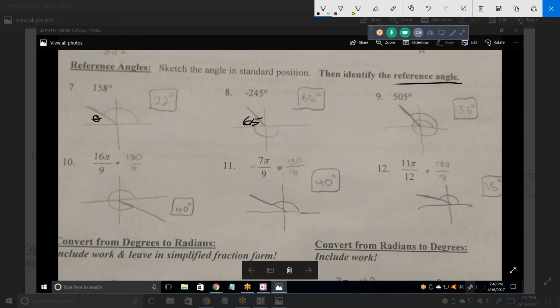Okay, here you went around counterclockwise once entirely, and then again another 145 degrees, and that is the reference angle, and it is 35 degrees. Okay.